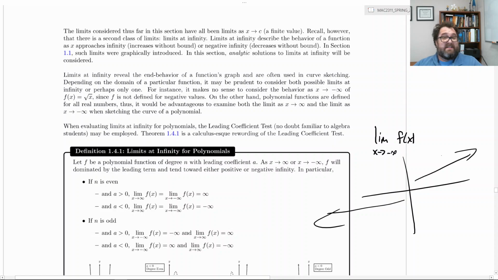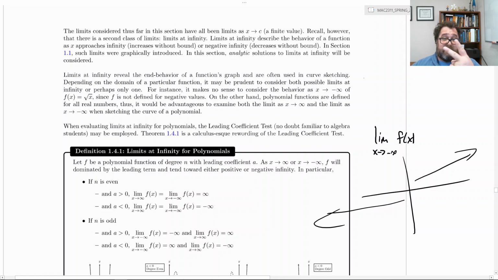That is, what happens as x gets really, really big positive, and what happens as x gets really, really big negative. Does the function approach a finite value, like a horizontal asymptote? Does it shoot off to positive infinity? Does it shoot off to negative infinity? What is happening with the function as it goes very far to the right, the limit as x approaches infinity, or very far to the left, the limit as x approaches negative infinity? And that's what we are considering today.